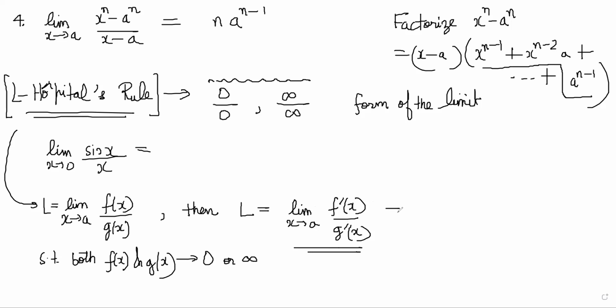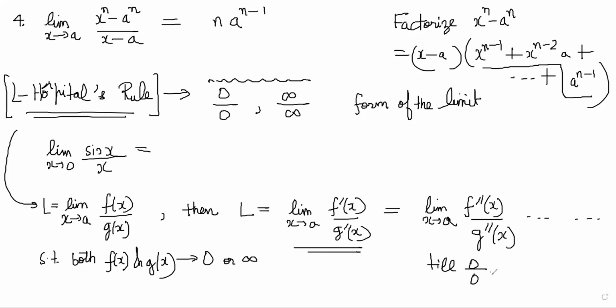Or it could also be equal to limit x tends to a of f double dash x by g double dash x. And you can keep doing the derivatives till the 0 by 0 or infinity by infinity form is gone.